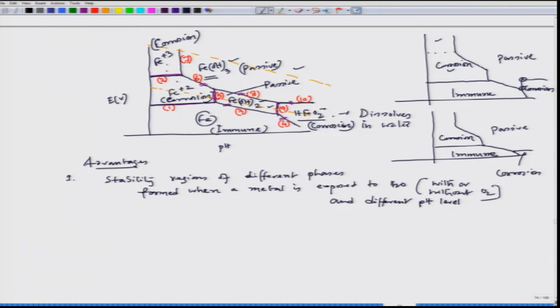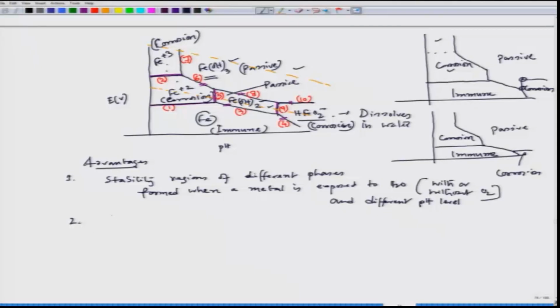So, that is what we are saying, that we are finding the corrosion zone, immune zone, passive zone and corrosion zone on the right side, on the higher pH side. This is one important piece of information we get once we do these thermodynamic calculations and find out this diagram.